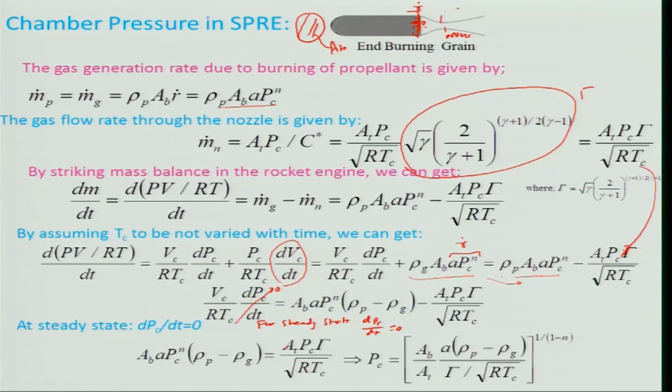So, if I take this out, I will get P_C equals A_B by A_T, a in the bracket (rho_P minus rho_G) divided by root R T_C, all to the power 1 by (1 minus n), right. Now, one very simple simplification one can think of is that rho_P is very much greater than rho_G.